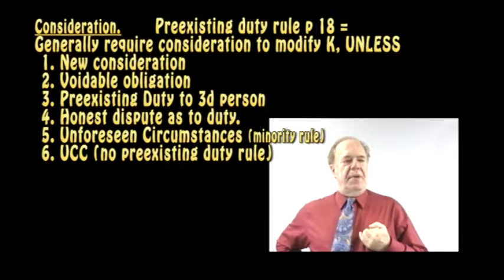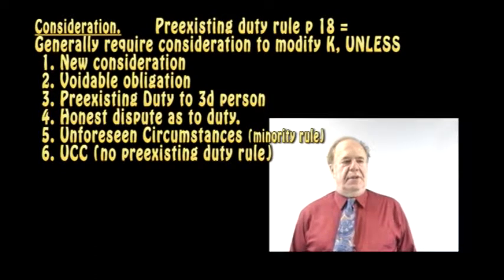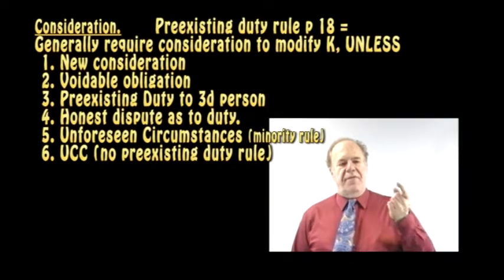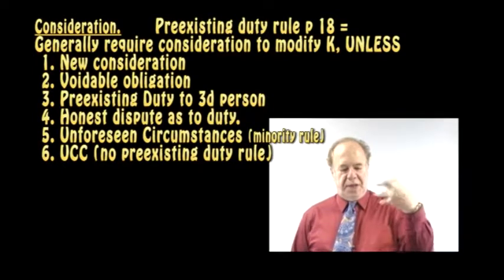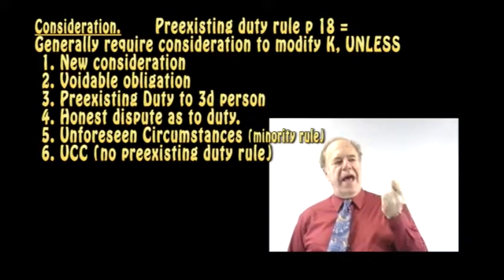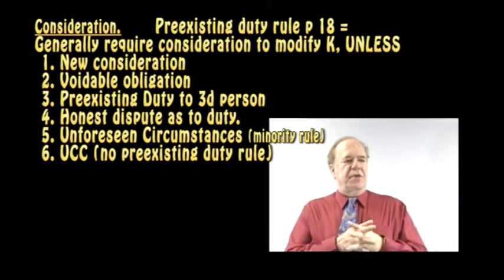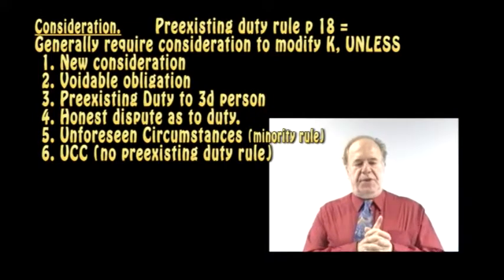I say, you know, I know we have a contract $5,000 to paint your house, I want $6,000. And you say, okay. Since we already contract for $5,000 and you're giving me an extra $1,000, what am I giving you in return? Nothing except what I already had a duty to do, pre-existing duty to do it. That kind of modification is unenforceable under the pre-existing duty rule.